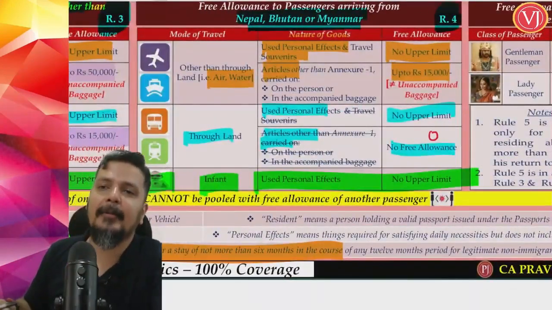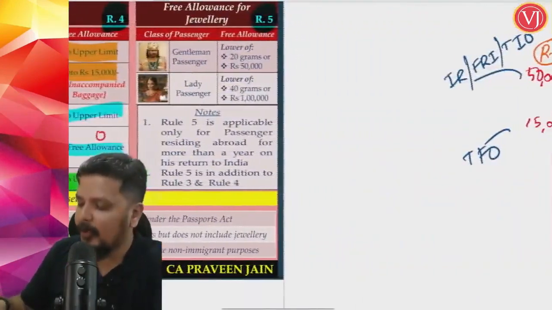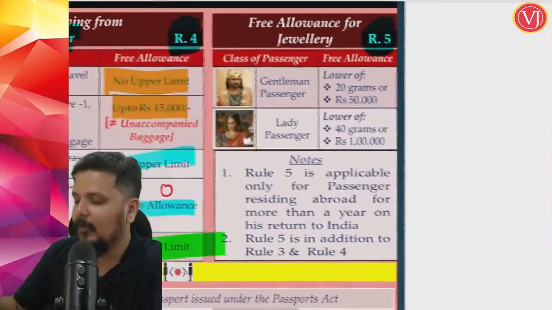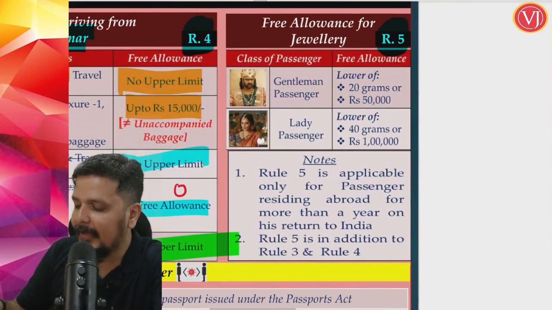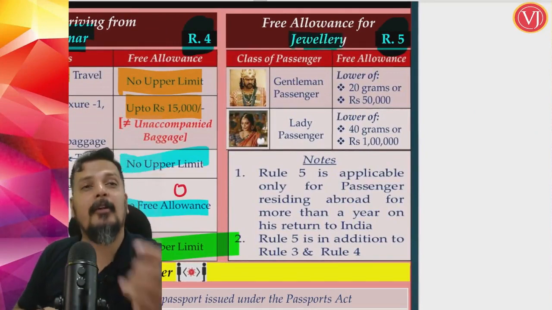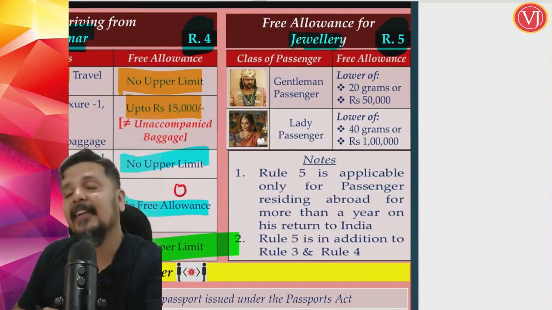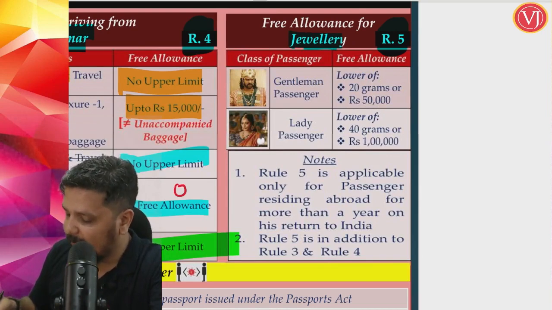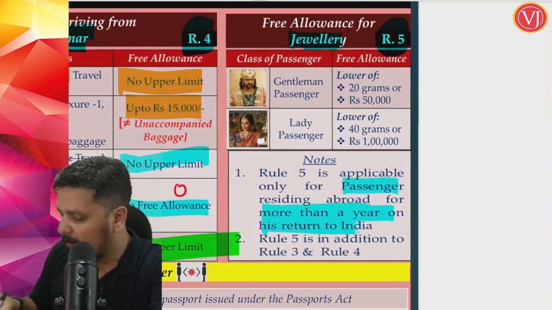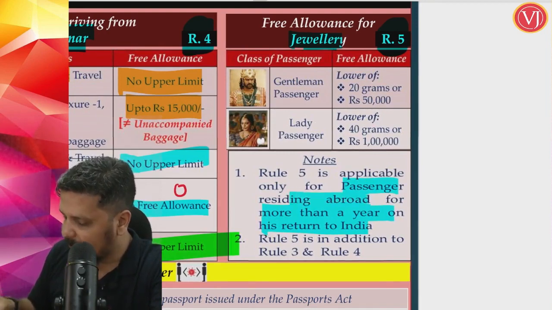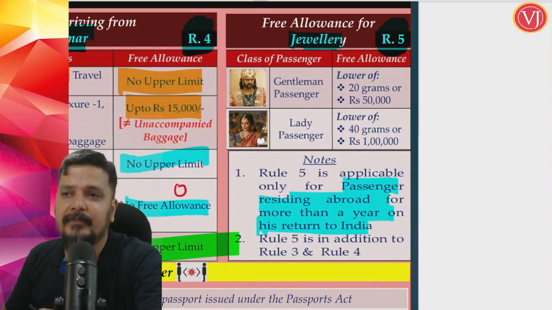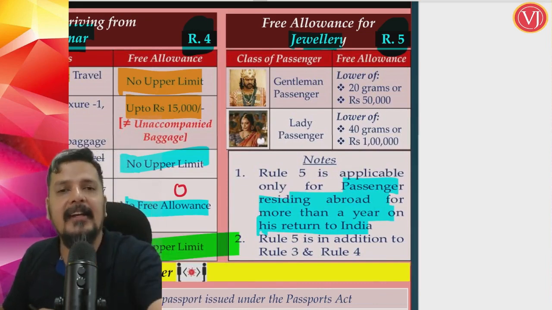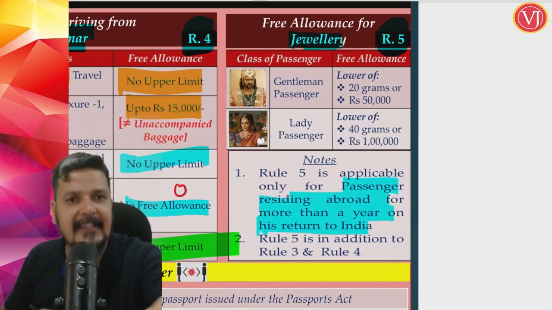Next, Rule 5. Rule 5 is exemption for jewelry. One very important point: this exemption for jewelry is only applicable for a passenger who has stayed abroad for more than 1 year before his return to India. He went outside India, stayed for more than a year, then he came back.